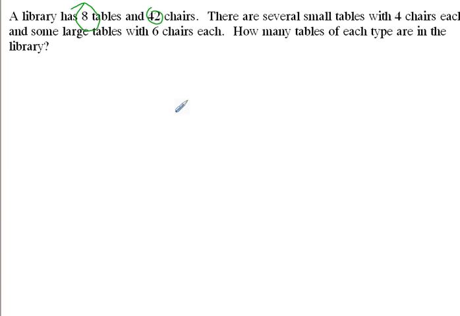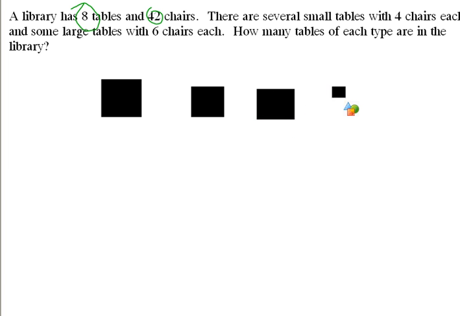The way I would like to do this is by starting off by coming up with some possible ways of doing this. So let's say there's 4 tables of each. So that's 1 small table, 2 small tables, 3 small tables, 4 small tables.